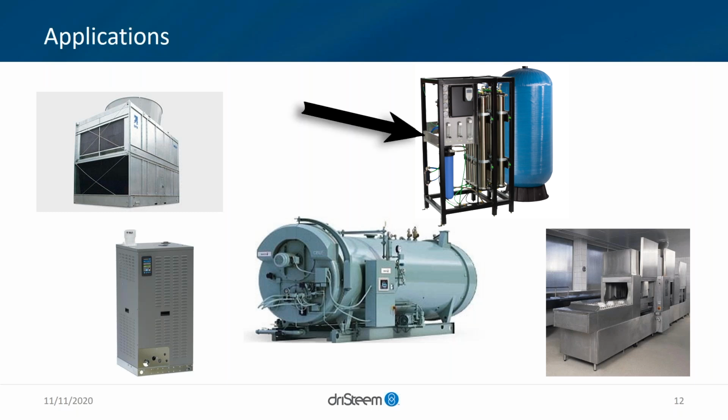We have a Dry Steam RO system, which will be part 3 of our webinar series. What the softener does upstream of that is essentially prevent the membranes from scaling with calcium carbonate. So what that means for you, or for another RO system, is an increase in the time between cartridge cleaning, or CIP as it's also known, and also extends the lifespan and the quality of the water that's coming out of that system.